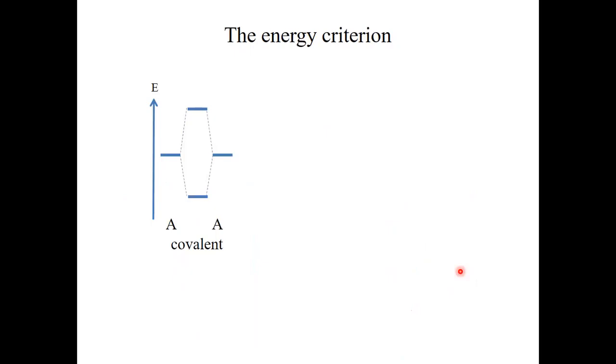Let us now move over to the energy criterion. As I said before, the closer the orbitals are in energy, the more strongly they covalently interact. The ideal case is when the energies of the two orbitals are exactly the same.